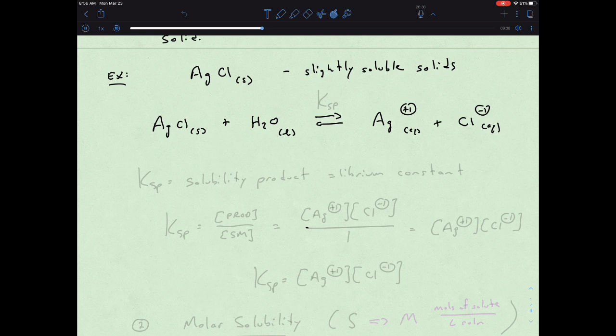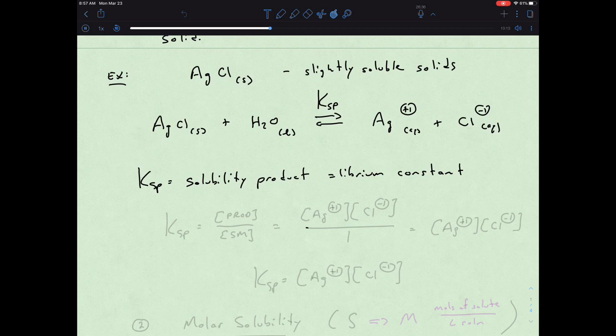And this is an equilibrium, just like all these other equilibria that we've talked about. Now we have another one. We've gone from Kc to Kp to Ka to Kb, and now we have Ksp. And Ksp is the solubility product equilibrium constant.